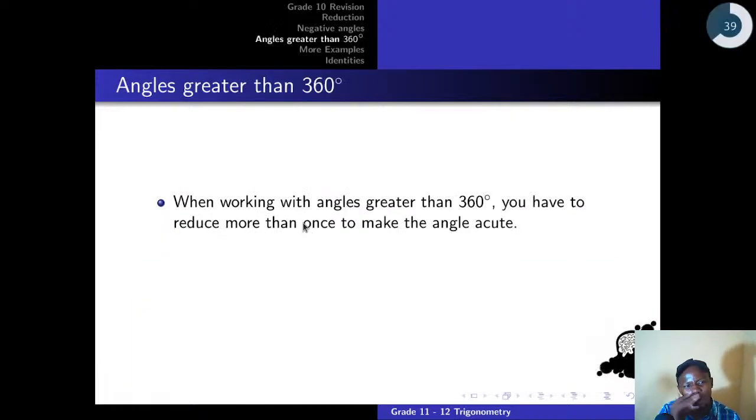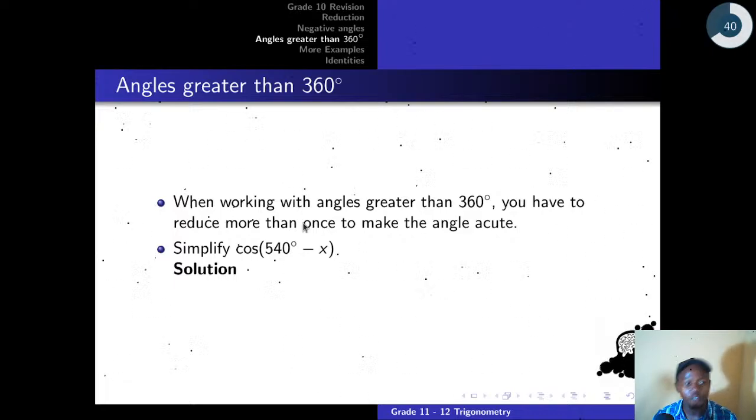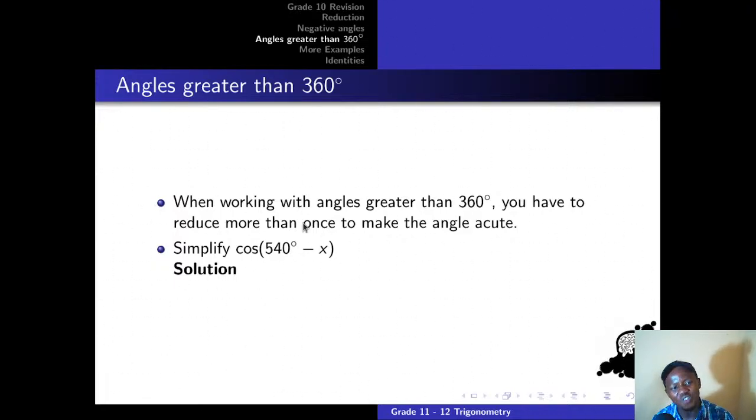Now, whenever we work with angles which are greater than 360 degrees, we need to make it a point that we have to reduce more than once so as to get the angle to be an acute angle. For example, we have cos of 540 degrees plus x.